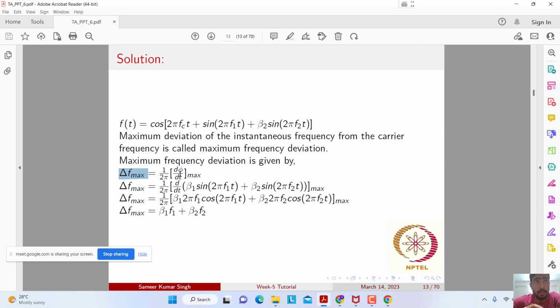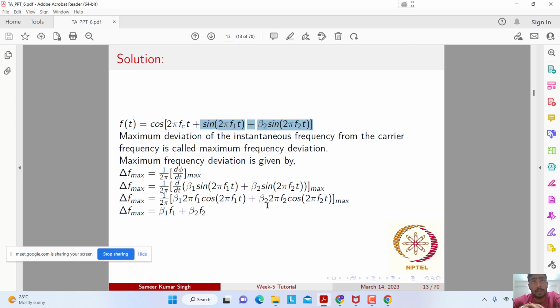Okay, and on psi that term is represented by, so we just apply the differentiation of the term. So beta 1 sine 2 pi f1 t, 2 pi f1 will come outside and it will become cos 2 pi f1 t.